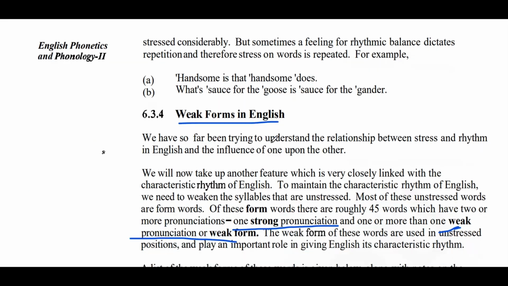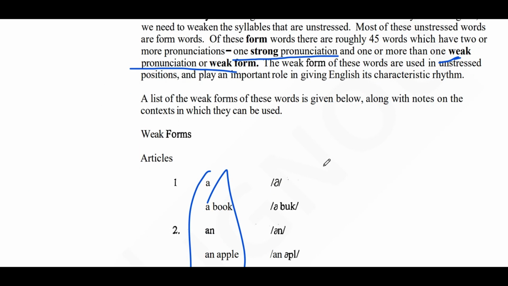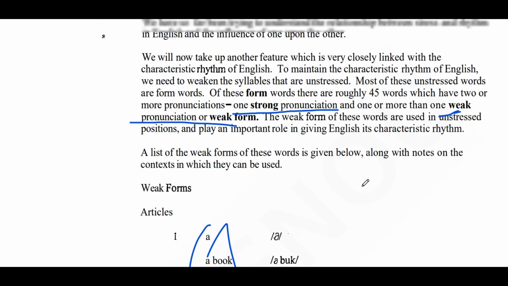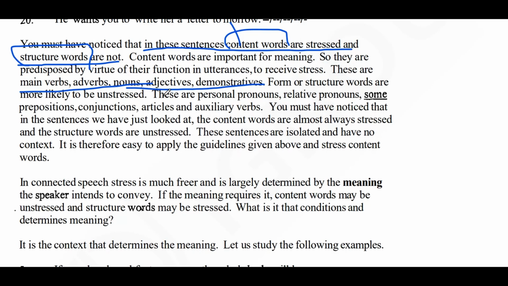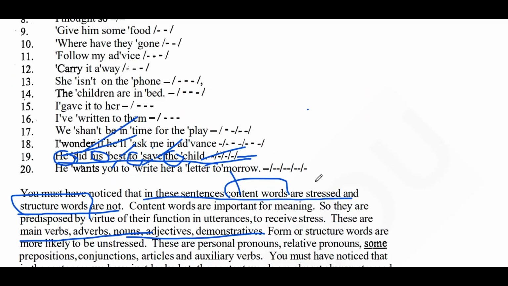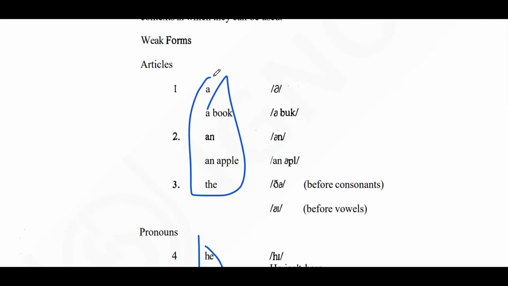Okay. Then let's talk about the weak pronunciation or weak form in the English language. So what are certain words? As we have seen earlier here, these are the structure words. These structure words would mostly be ignored and would be unstressed. For example, all the articles, a and the, an apple, a book.